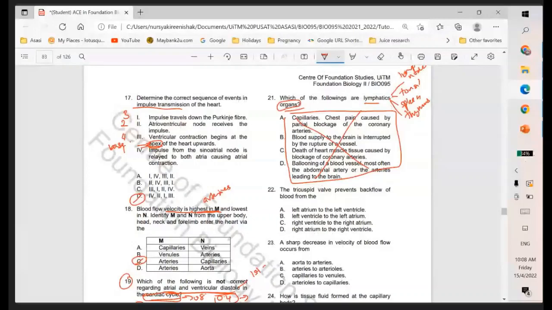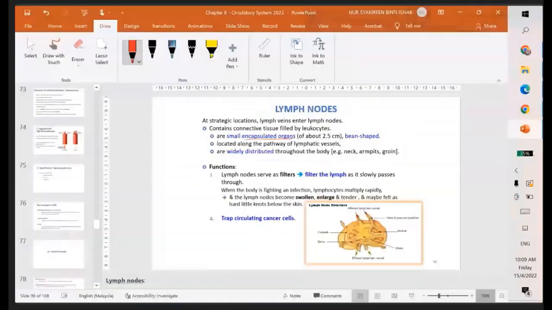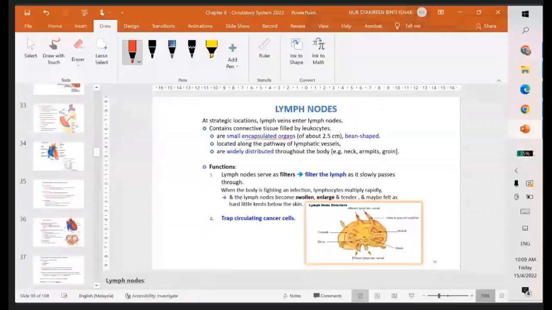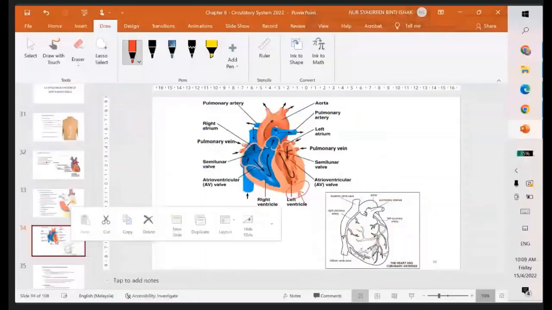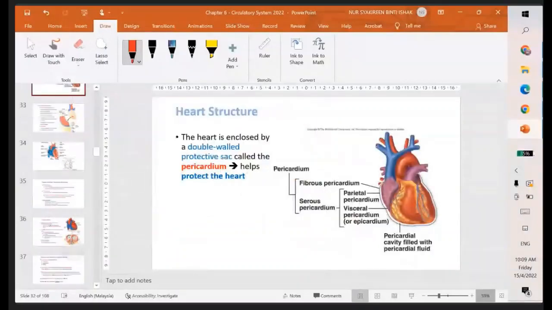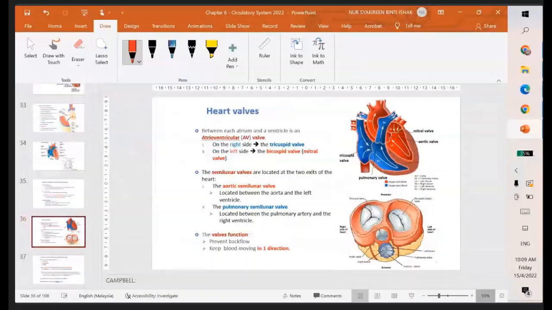The right side is tricuspid. Kalau the left side, it is what? Slide mana yang dia bagi tahu? Kat sini. Okay. Right side is tricuspid. Left side it is bicuspid. Okay.